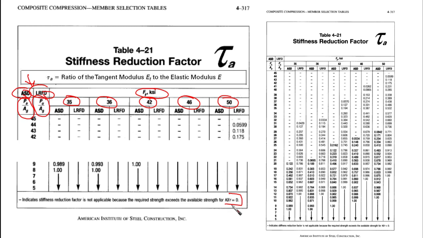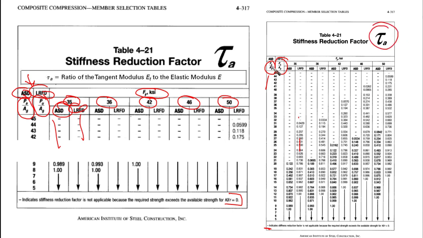So not all the values are provided, because of this hyphen, which indicates values that are not available here. You can get the tau alpha directly from here, based on Pa over Ag or Pu over Ag.